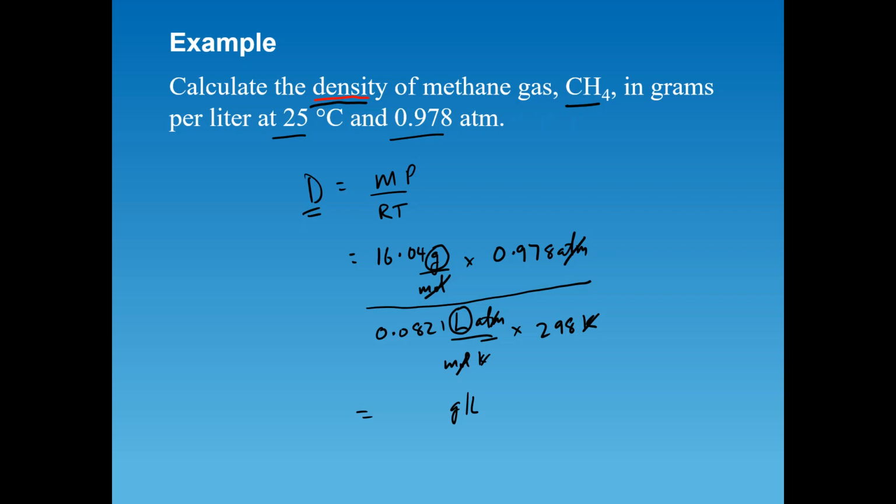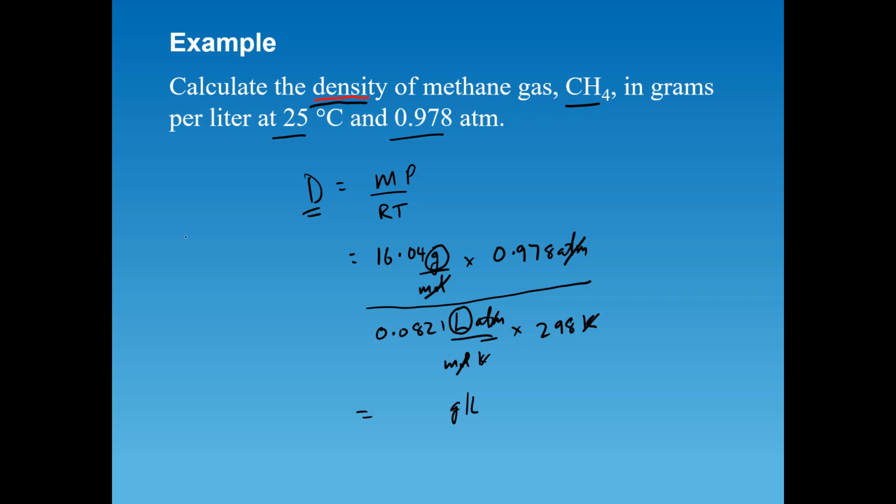So we're going to have 16.04 times 0.978 divided by 0.0821 times 298. And according to my calculations, whoa, this can't be right. Let me do this again. 16.04 times 0.978 divided by 0.0821 times 298.